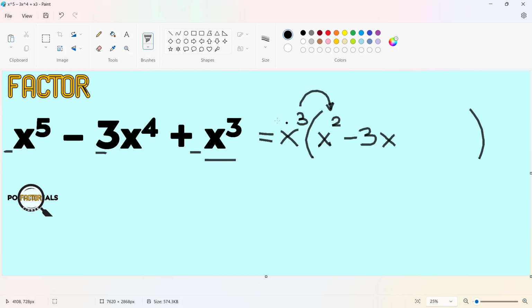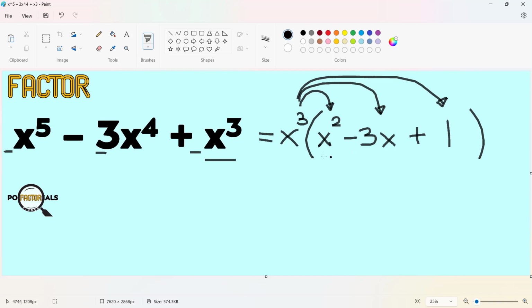X to the power of 4 is x cubed times x. And of course, if you would like to, you can still verify this in checking. X cubed times x is x to the power of 4, and still you have negative 3, so this is still correct. While your last term, since you divided x cubed with this term, you will get 1. Okay? It's not 0, it's 1. And if you're going to check that again, when you multiply that, you will get x cubed.